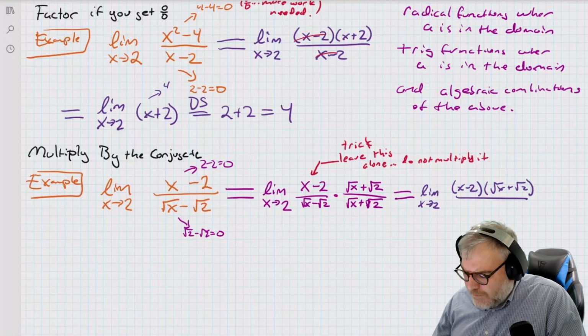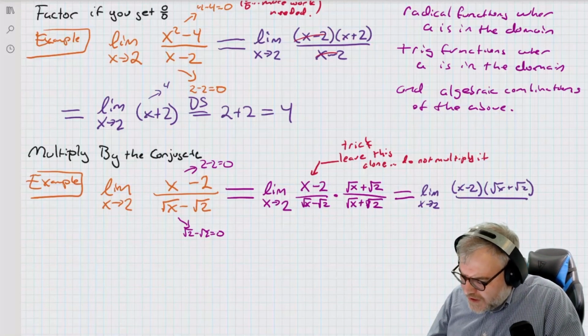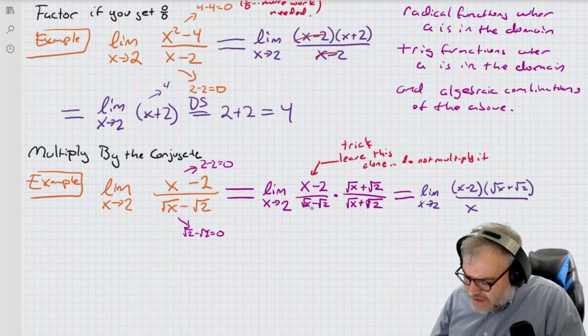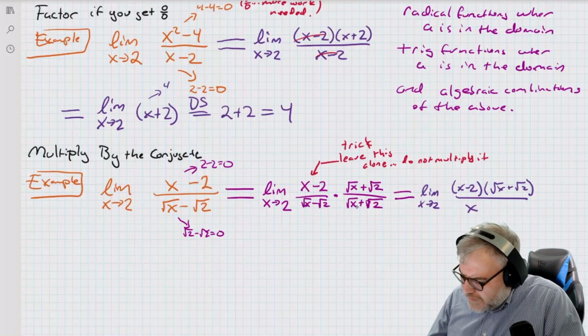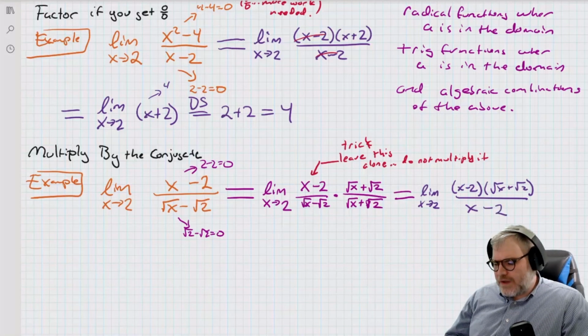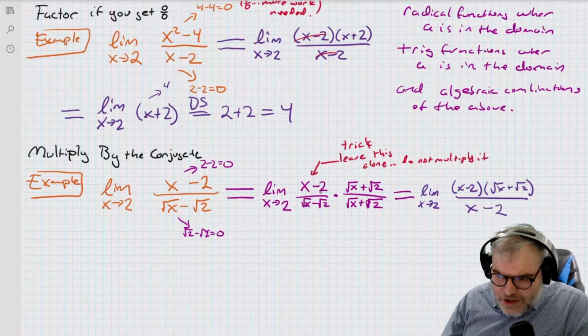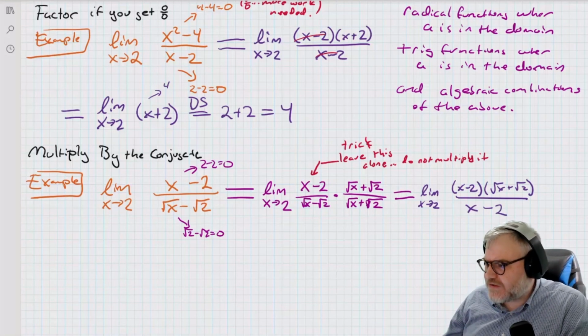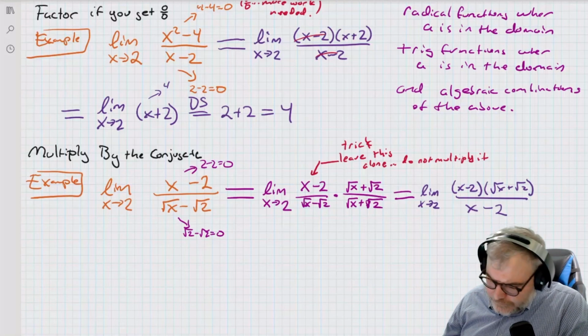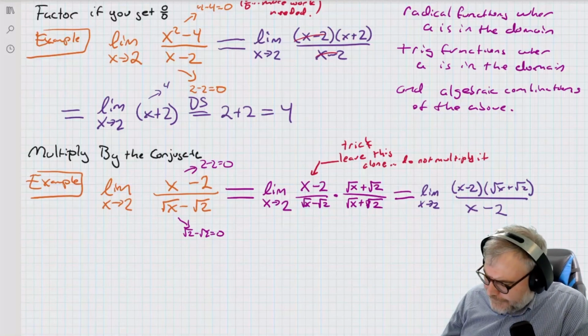The bottom here I'm going to multiply out. So this right here is going to be x minus 2. The middle term disappears, and I wind up with x minus 2. Leave this term alone, because it's the term that's going to cancel.